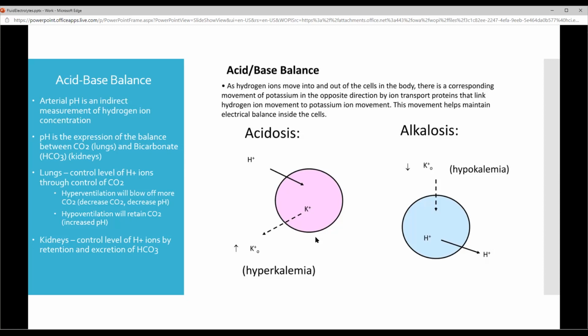It's created by a balance of CO2, carbon dioxide, which is controlled by the lungs. So issues affecting the lungs will ultimately affect our CO2 levels, which could either increase or decrease hydrogen in the body.